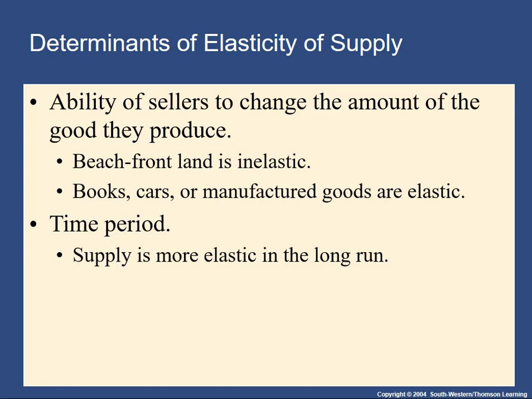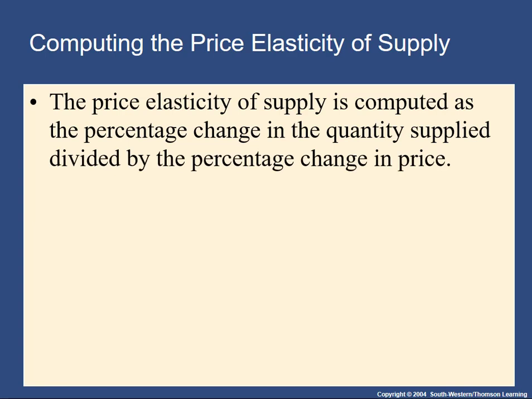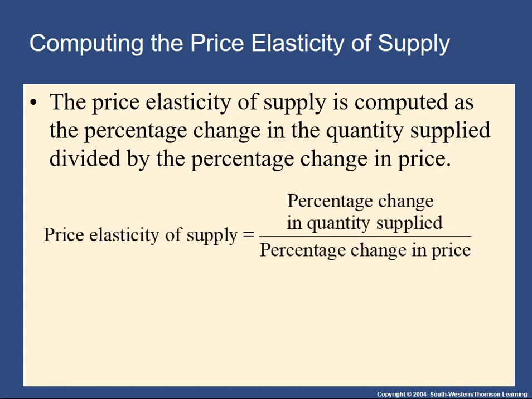But if it's a really short period of time, then supply is going to look inelastic because suppliers don't have enough time to respond. So we still have the exact same formula, except in this case, it's the percentage change in quantity supplied instead of the percentage change in quantity demanded for the elasticity of supply. And so you can see the equation there.